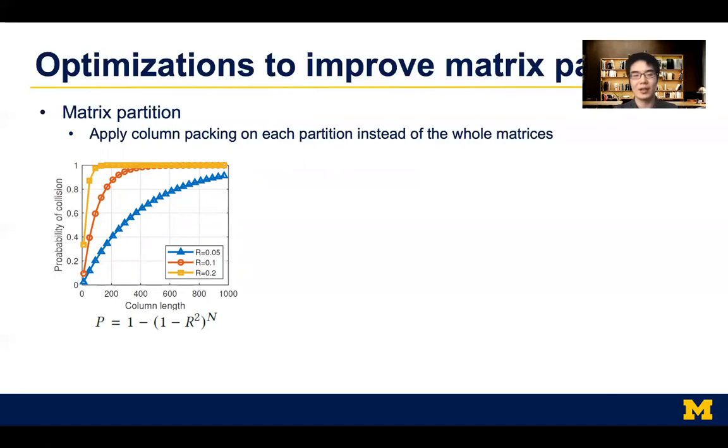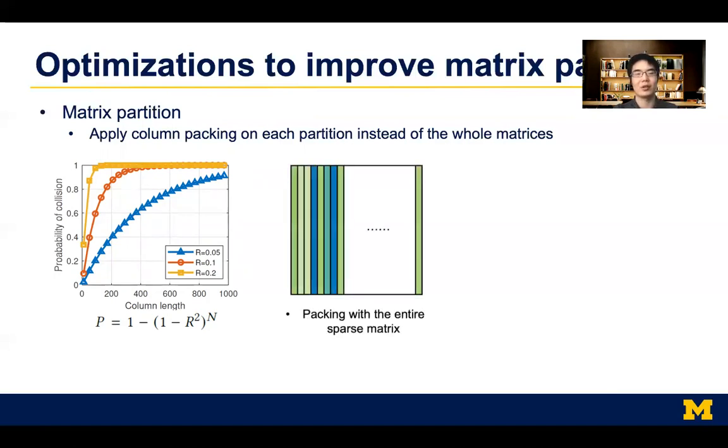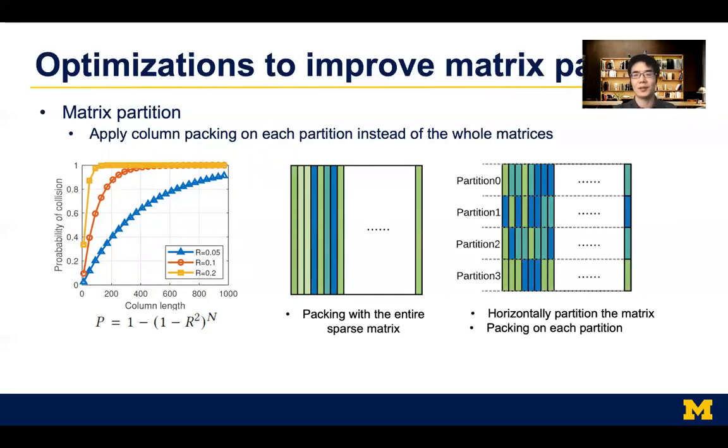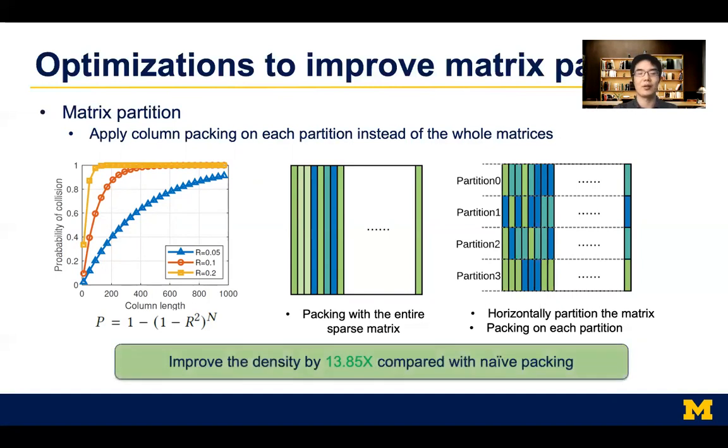So instead of applying the column merging on the entire matrix column, we first slice the sparse matrices into several partitions, and then we apply packing on each partition so that the density can be improved. The experimental results show this packing optimization improves the density by almost 14 times compared with the naive packing.